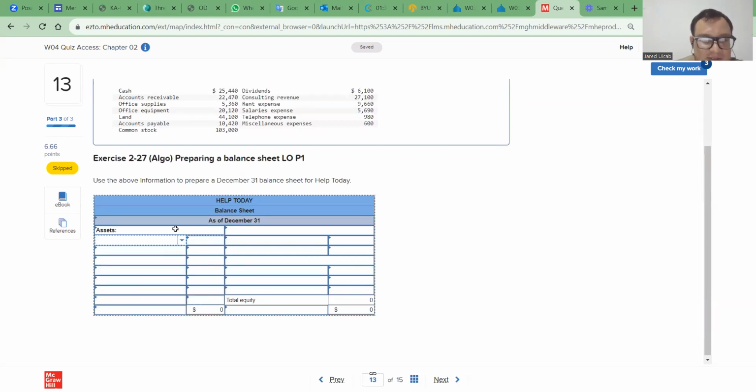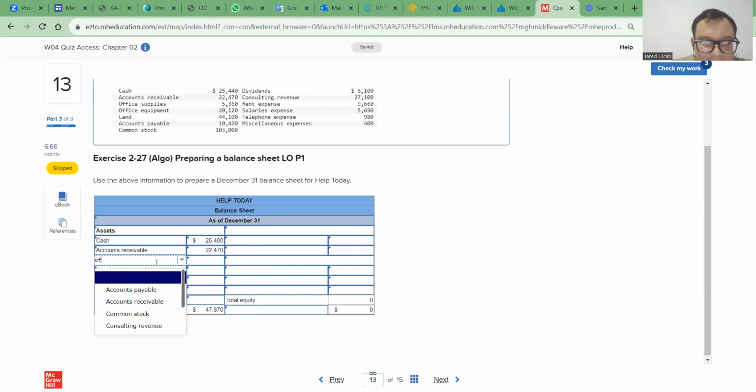For the assets, we see the first one is cash, and cash is 25,000. The next one is accounts receivable for 22.